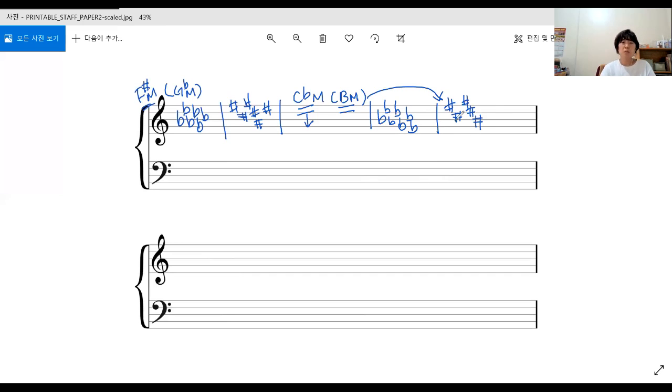So we prefer B major, but it depends on the composer, because flat and sharp sound different. I think it sounds the same, but the mood that flat creates and sharp creates is different.